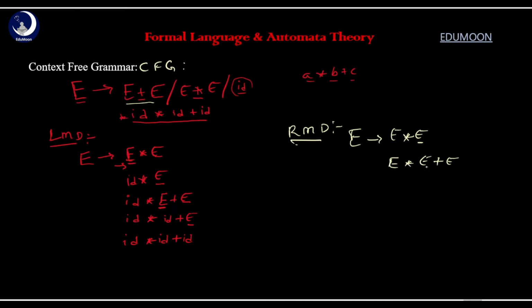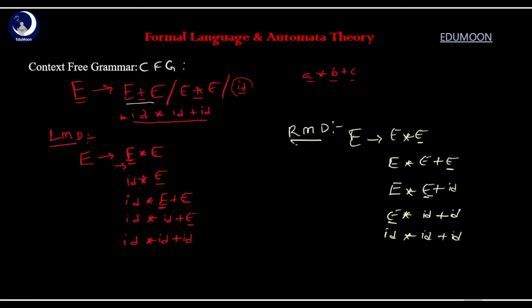Now again the rightmost one: we derive that E as ID first, so this E is replaced as ID. Next the rightmost variable is this one, so we generate E star ID plus ID. And finally this one, so we get ID star ID plus ID. So this is rightmost derivation.